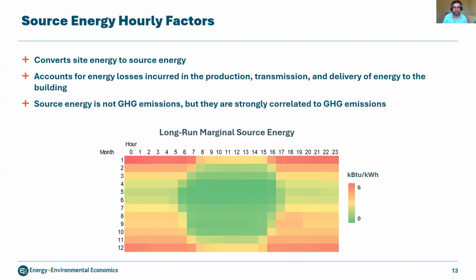So, as is typical of source energy, these are accounting for the losses incurred through production, transmission, and delivery of energy to the building. Although these are not explicitly GHG emissions, they are strongly correlated to GHG emissions. And so this is another compliance metric that is currently used in the state of California.